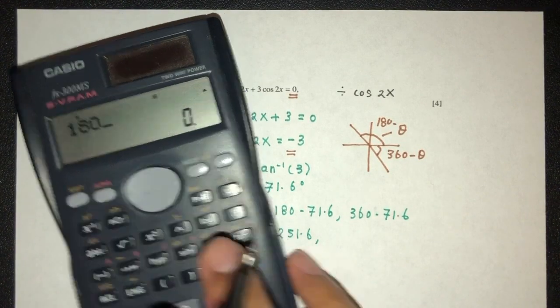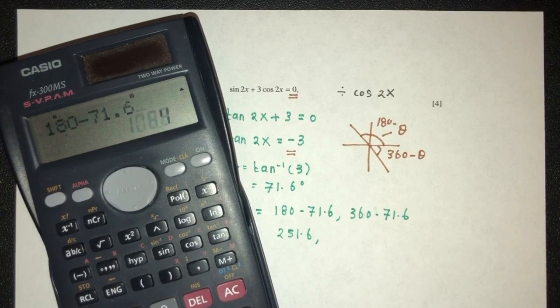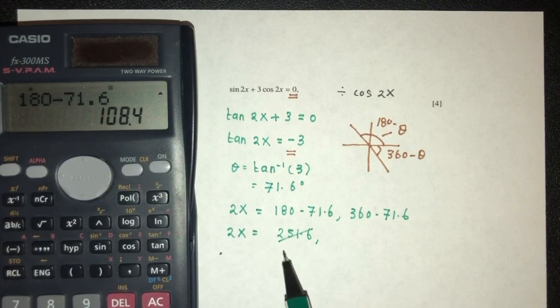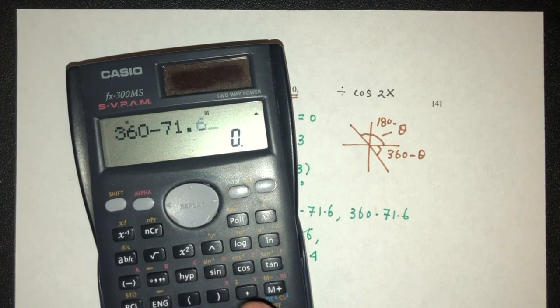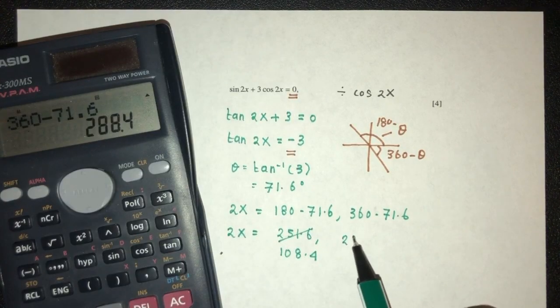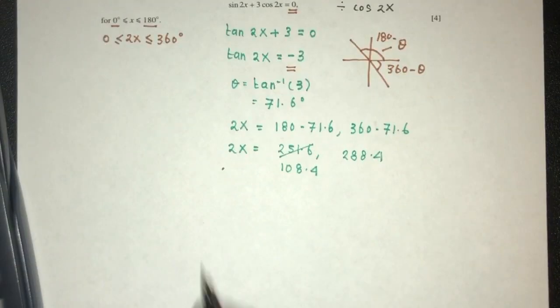I typed something wrong earlier, my apologies, it is 108.4. This one will be 360 minus 71.6, that should be 288.4 degrees. Okay, so let me write this down. This one is for 2x.